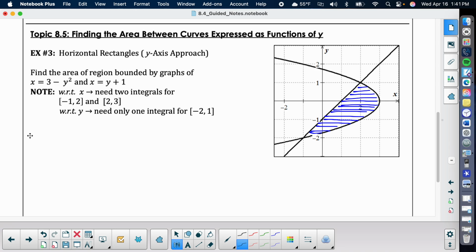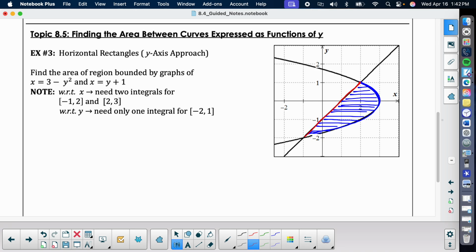We did this problem horizontally yesterday, and I tried to tell you guys that it was a lot easier because of that. The easiest way I can explain this is if you're doing it horizontally, you always have to take the right equation minus the left equation.